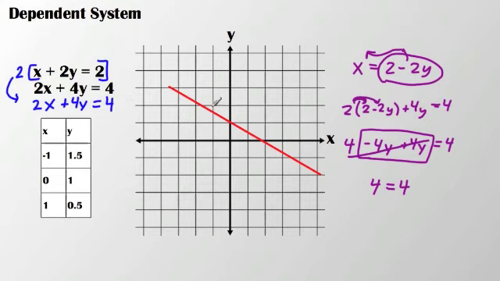They're the same exact line, which means whatever coordinate I plug in that works for the first equation will always work for the second equation. You can essentially imagine them as two lines right on top of each other.